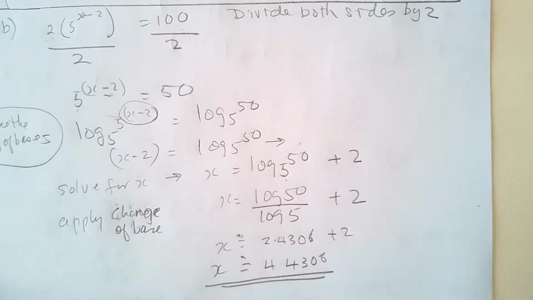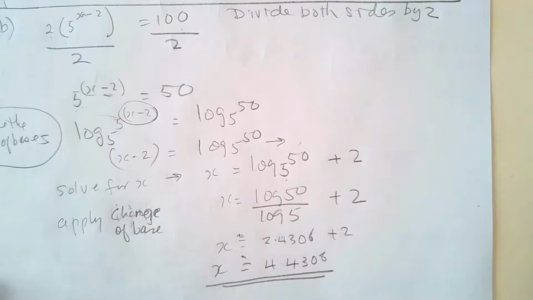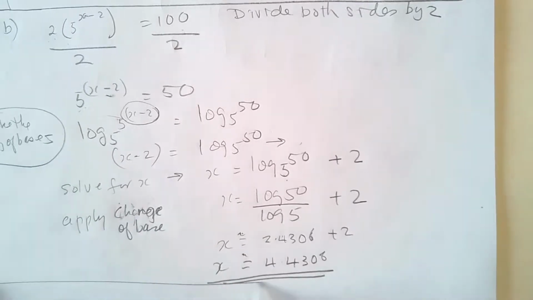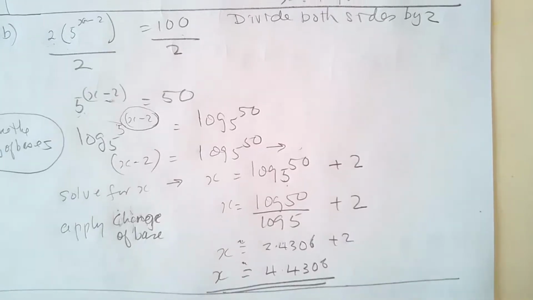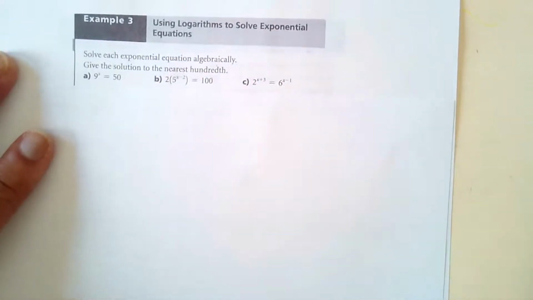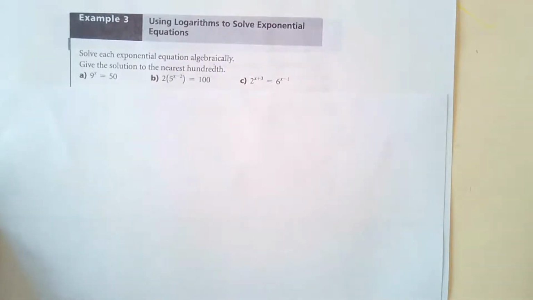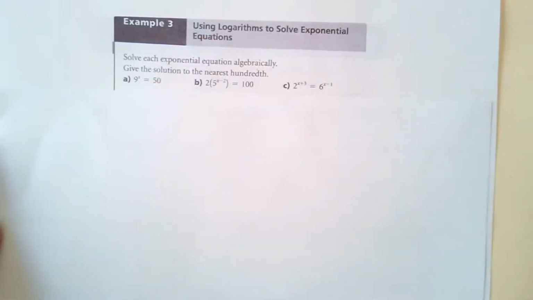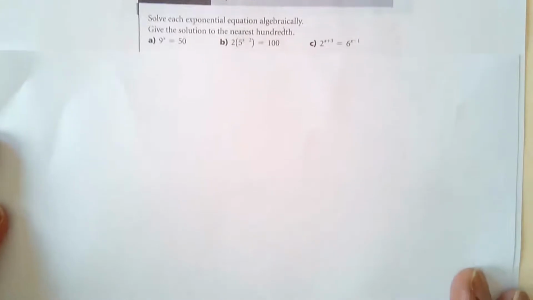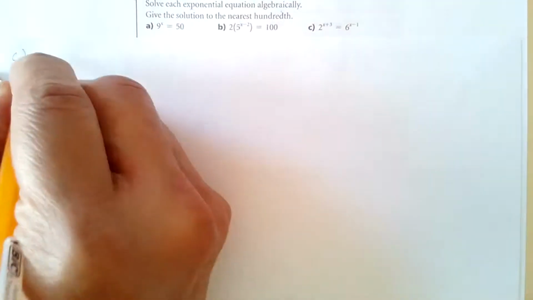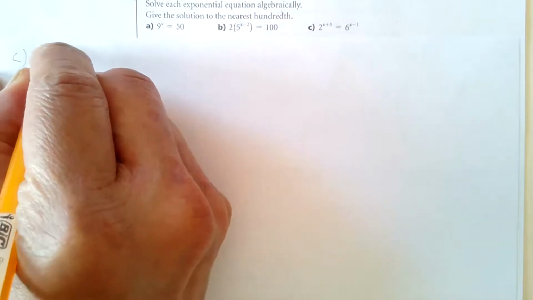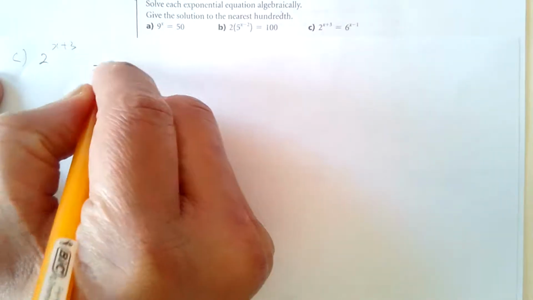Now the final part, C. Let's go back to part C here. We have 2^(x+3) = 6^(x-1).